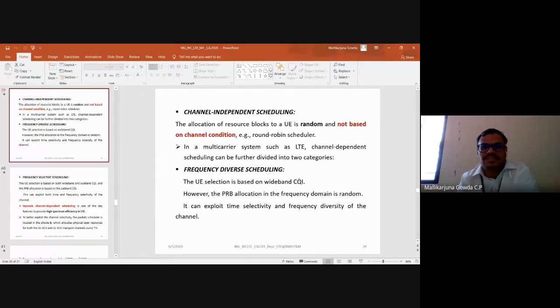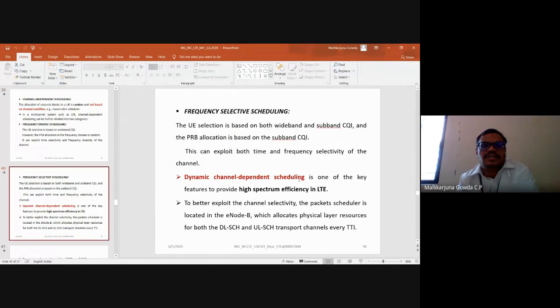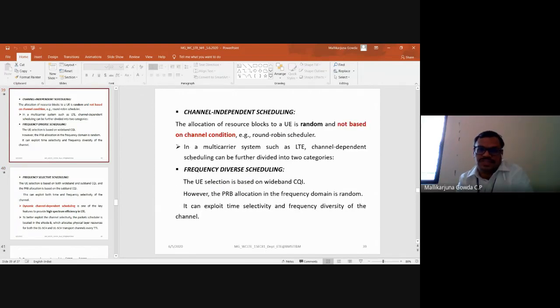In frequency selective scheduling, the user equipment selection is based on the wideband and subband CQI, and the PRB allocation is based on the subband CQI. Here it is possible to exploit both time and frequency selectivity of the channel. But in frequency diverse, only time selectivity and frequency diversity of the channel are exploited.